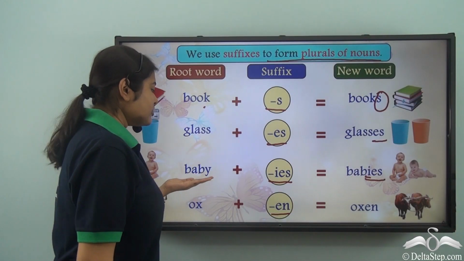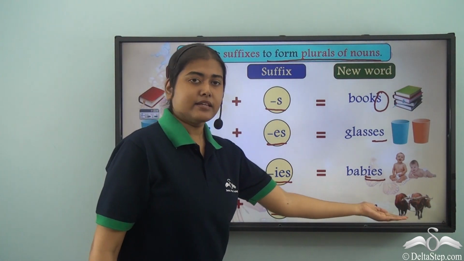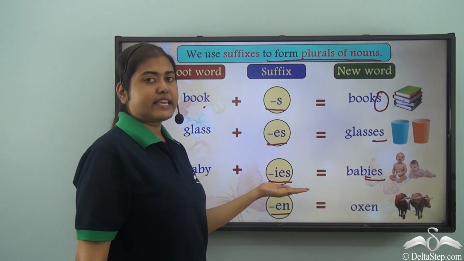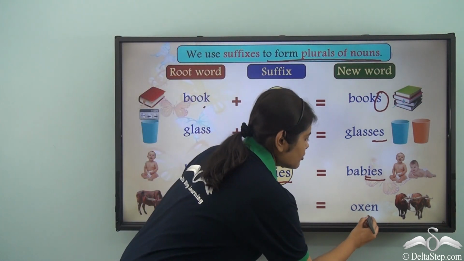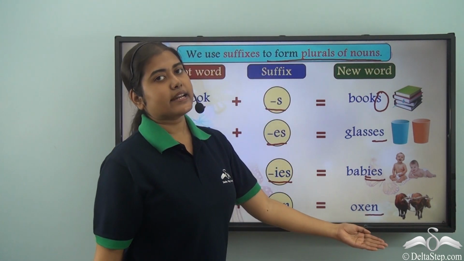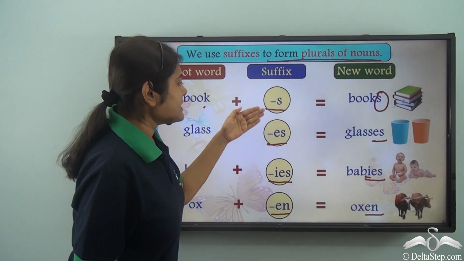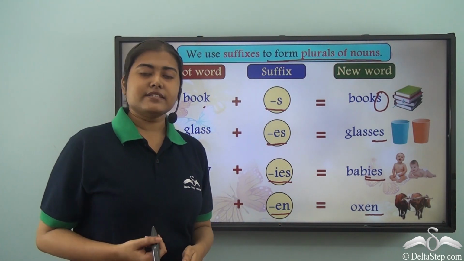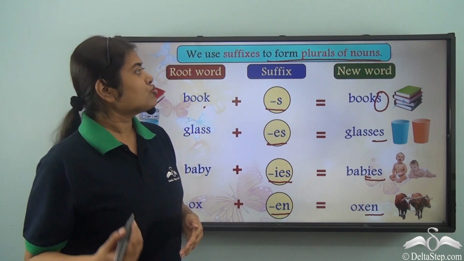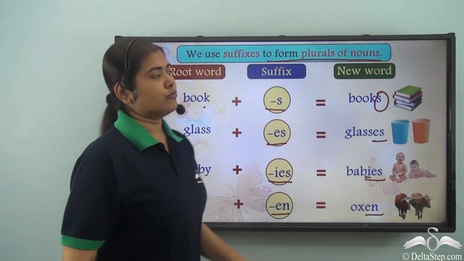Thus, the plural of baby becomes babies by addition of IES. And ox becomes oxen. So, what are we adding here? We are adding the suffix EN. So, all these S, ES, IES, EN are different suffixes which can be used to form the plurals of nouns.